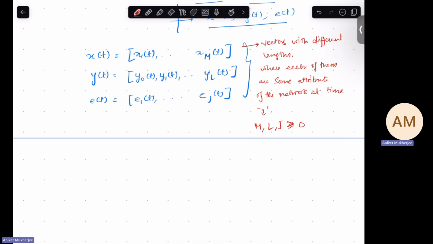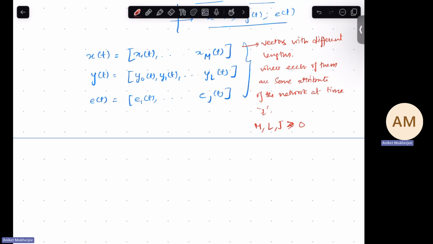They can represent some penalties or rewards that is associated with each of the networks at slot t. Some examples of these vectors could be something like power expenditure, distortions in the channel, or probability of packet dropping, and such other.